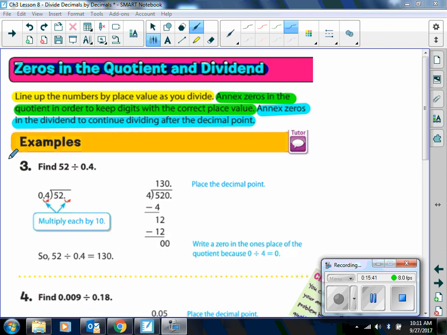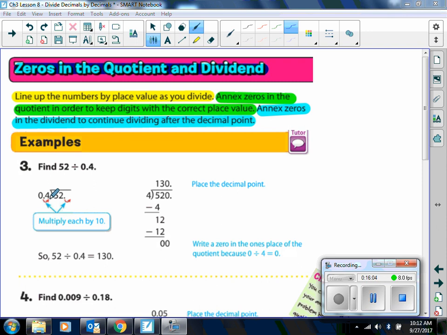So for example 3, it says we want to find 52 divided by 4/10. So that's 52 is the dividend, goes inside the house. We're dividing by 4/10, that goes on the outside. Then, just like we said before, we're going to move the decimal until the divisor becomes a whole number. So we're going to move the decimal once to the right in the divisor.